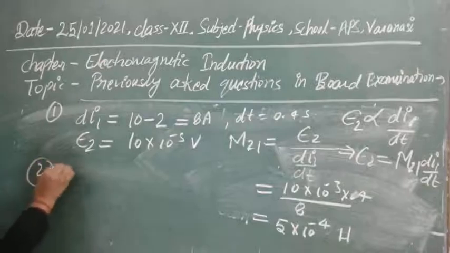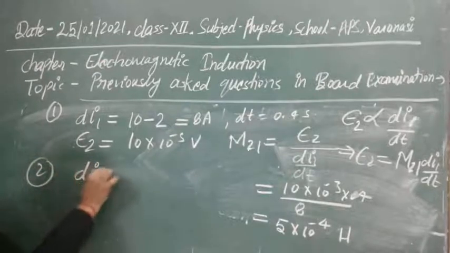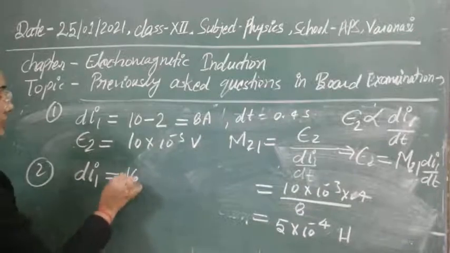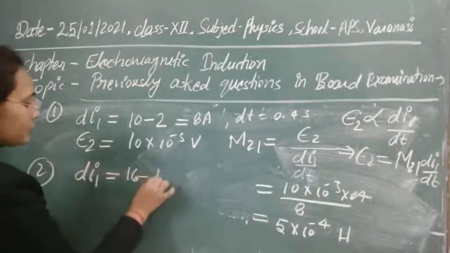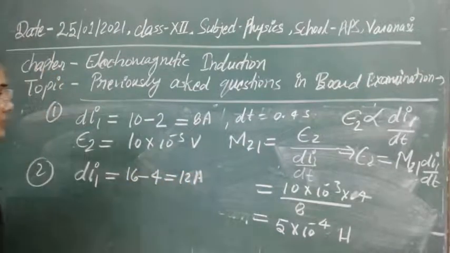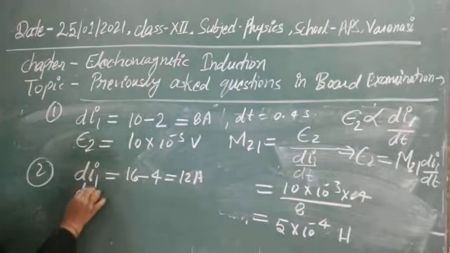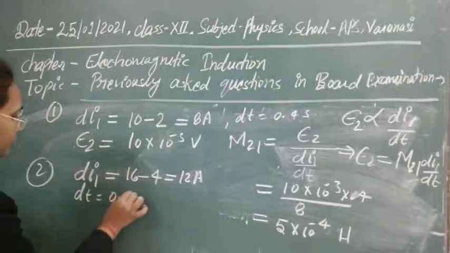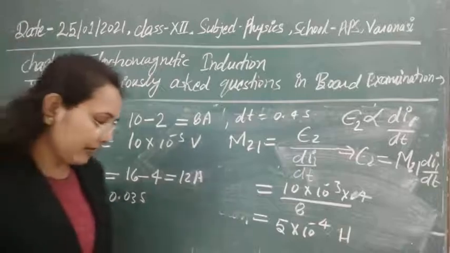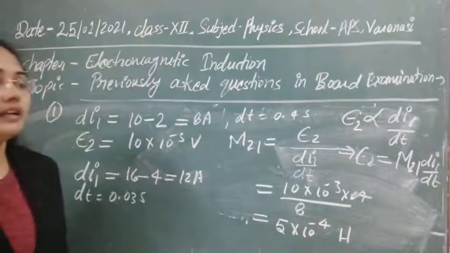So the second case is that the current is changing in the first coil from 4 ampere to 16 ampere. Then let's see what the change in current will be. This will be 16 minus 4, that is 12 ampere of current changing, and the time is given here, that is 0.03 second. Then we have to calculate the value of induced EMF.